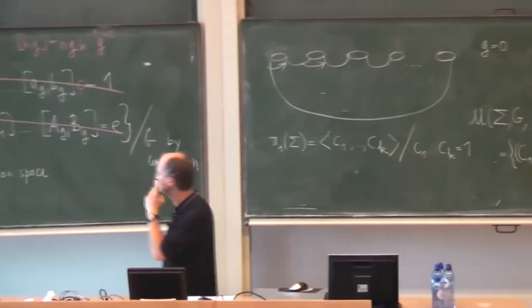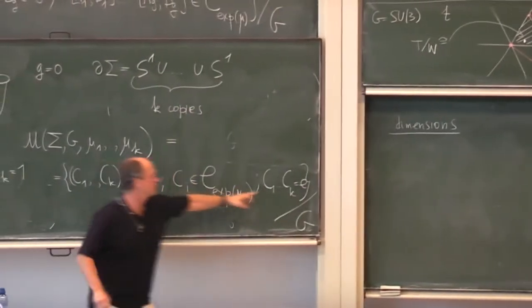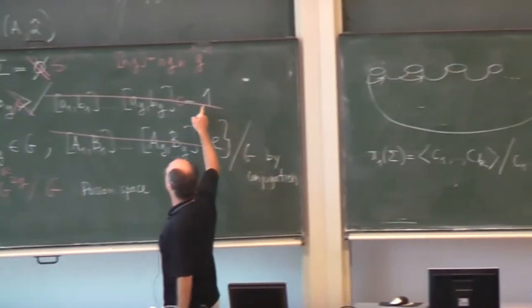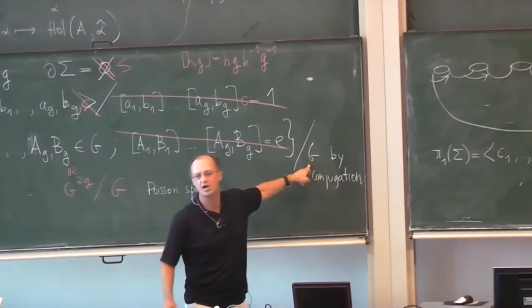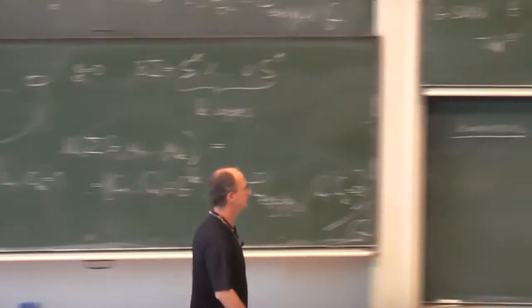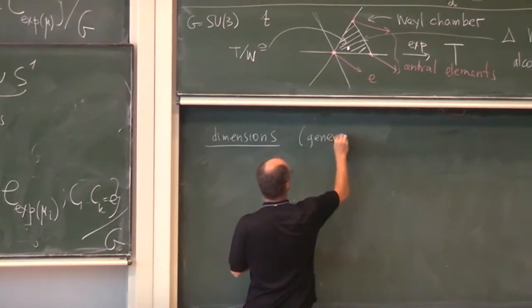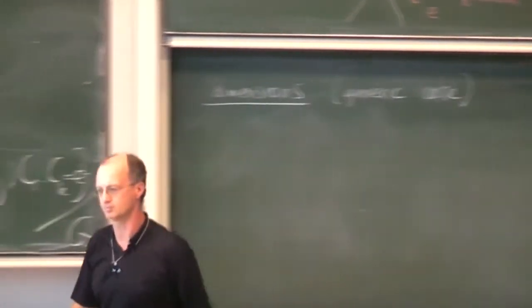Of course, it's not always very easy to compute those dimensions, because you see already we are supposed to solve some equations, either this kind of equations or this type of equation in our Lie group, and then we are supposed to divide by the action of G. So here I would only give you a simple computation in the generic case.